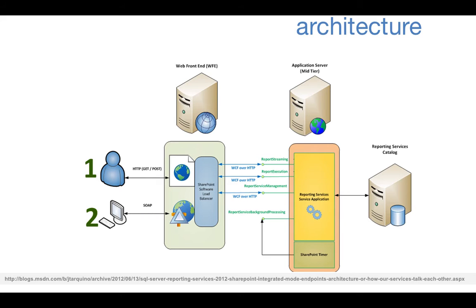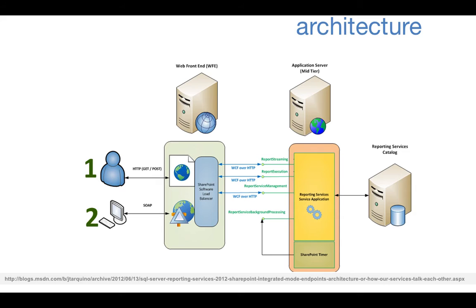That introduced a lot of performance issues because, depending on how many SharePoint servers you have, SharePoint is only going to redirect that traffic to one reporting services instance, which means load balancing is happening on the reporting services part, but not on the SharePoint part.